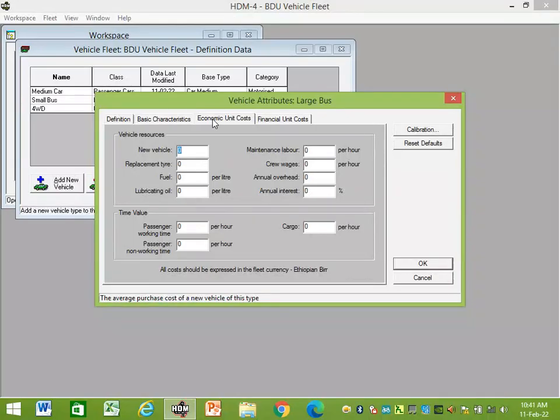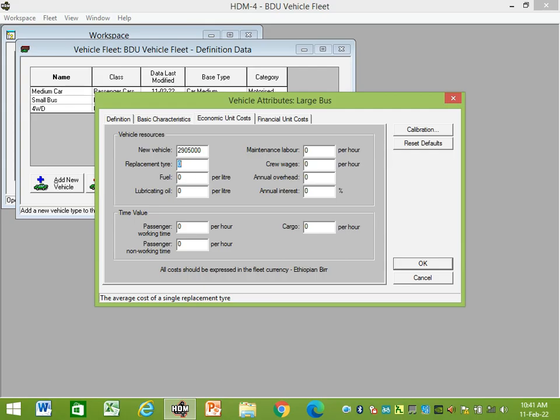Okay? Economic unit cost, price of a large bus, economic 2,904,000.